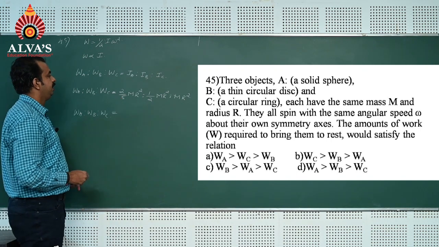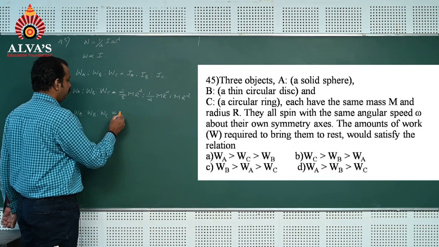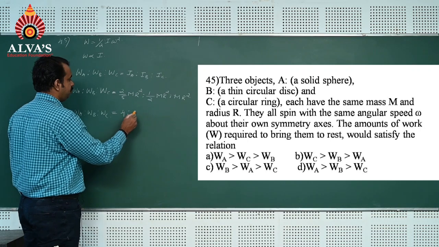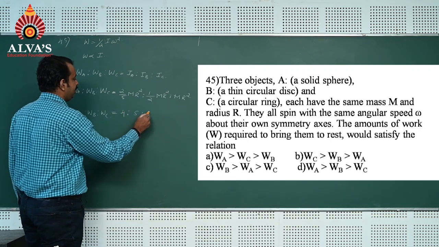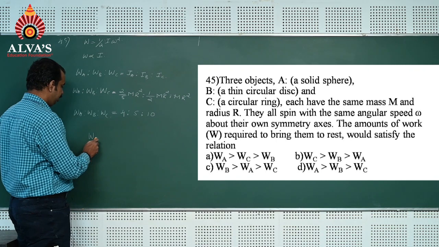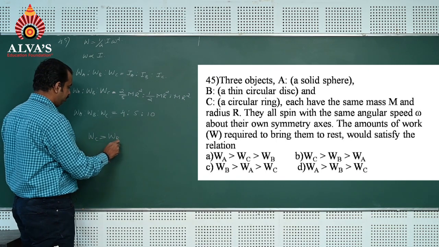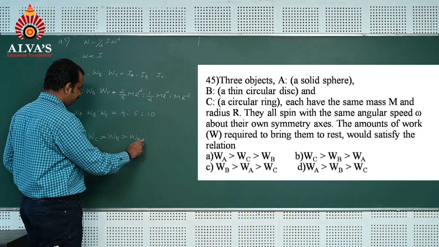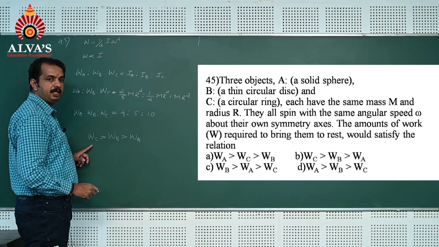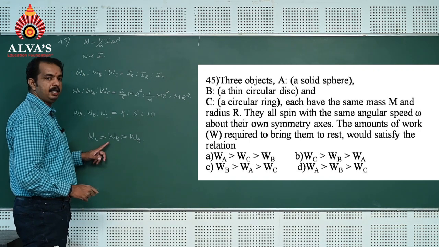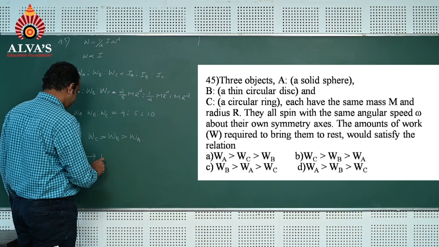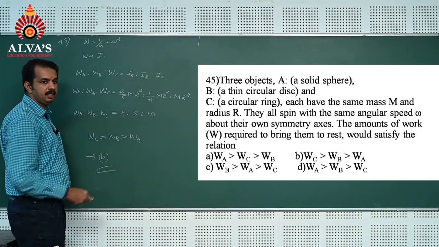So it is 4 is to 5 is to 10. That means WC is greater than WB is greater than WA, which means option B is the correct answer here. B is the correct answer.